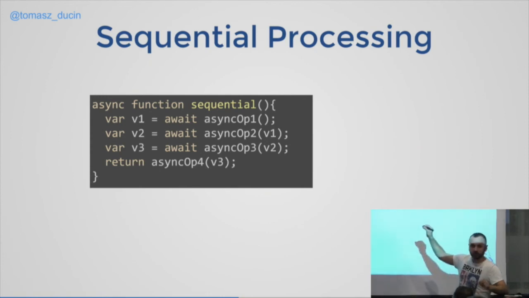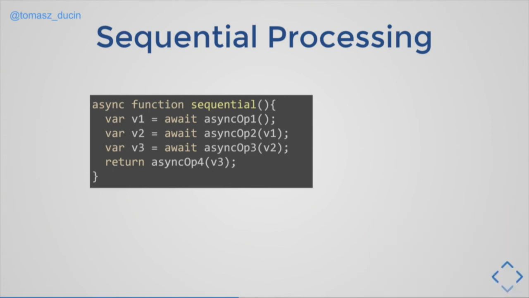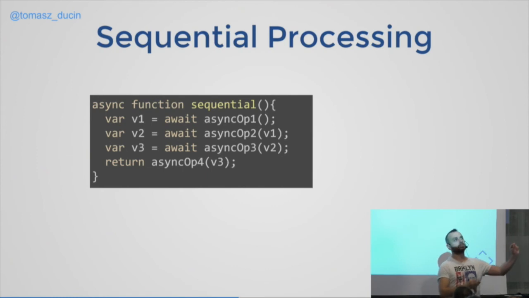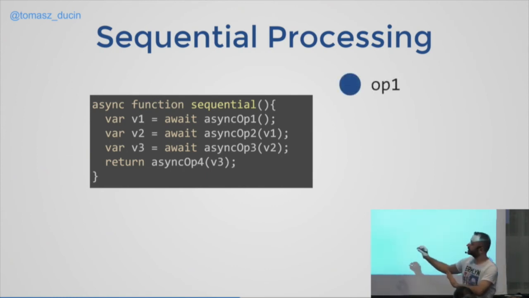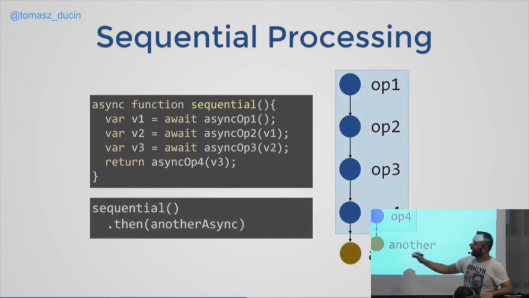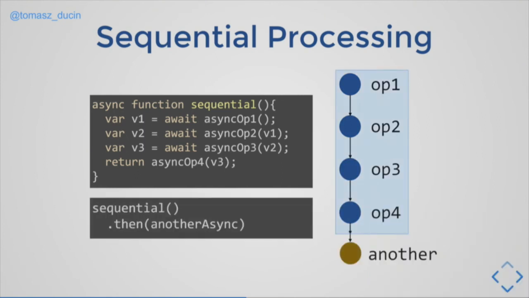You could put a try-catch around any of these awaits, if you want to handle one special error in a very special way. But if you don't care about different ways to handle errors for different promises, you can just leave it as it is here, and you could just do a single catch.